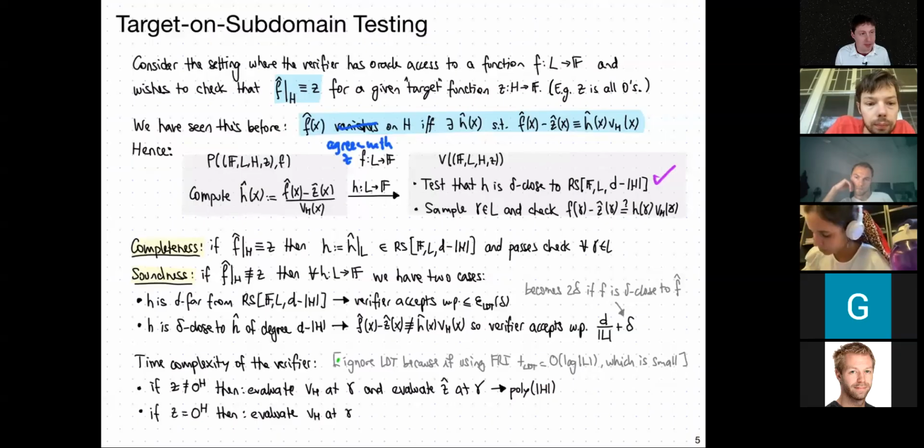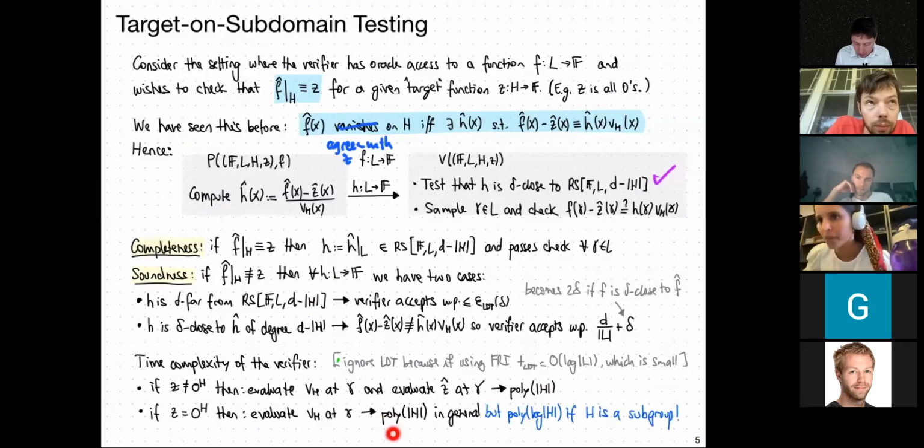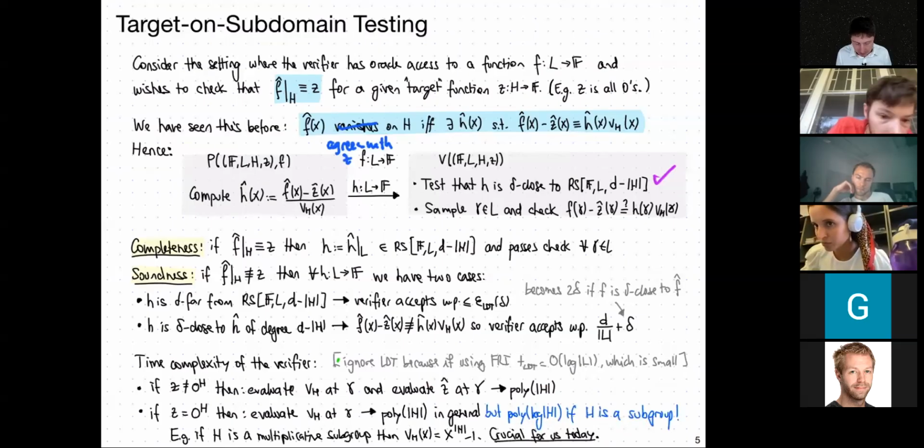Another regime of parameters is when z is actually the all zero string, and we're thinking of H as enormous, like the size of the computation. In this case, we need to evaluate vH at gamma. In general, this would take poly H, but because H is a subgroup, we can do it in polylog H. The reason is that if H is a multiplicative subgroup, then the vanishing polynomial looks like a very simple polynomial.